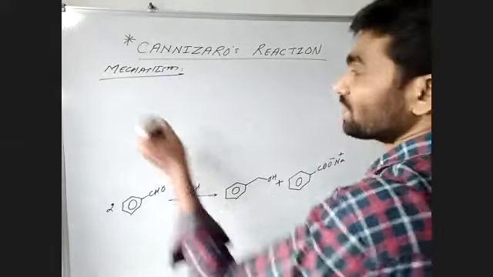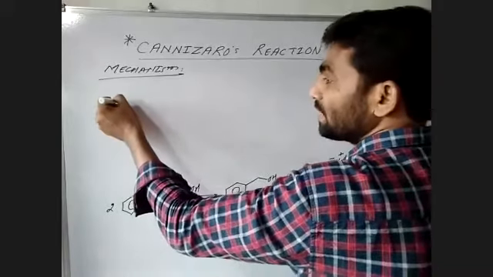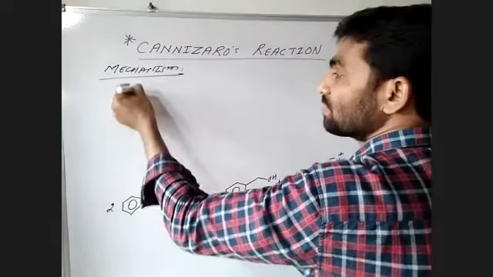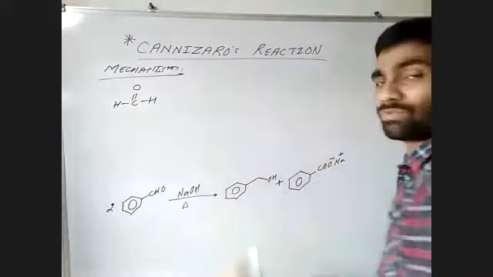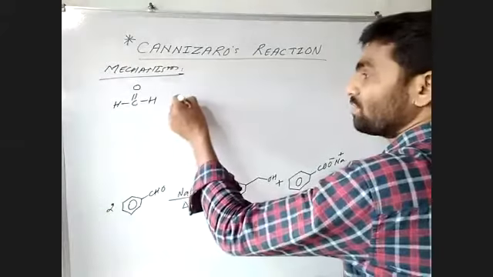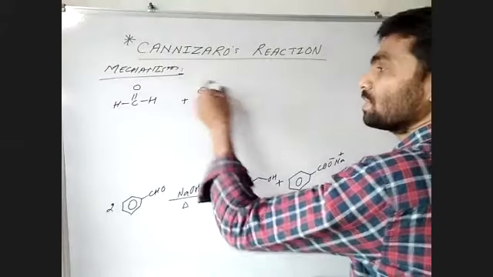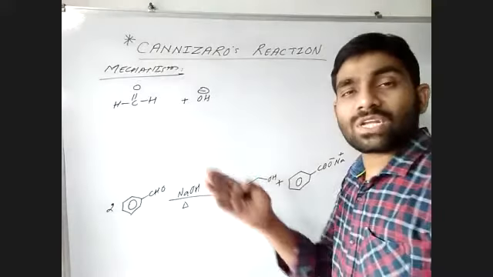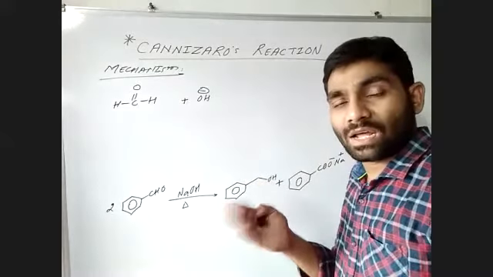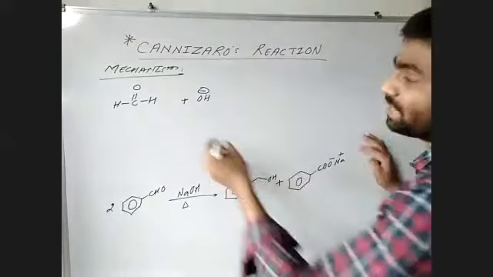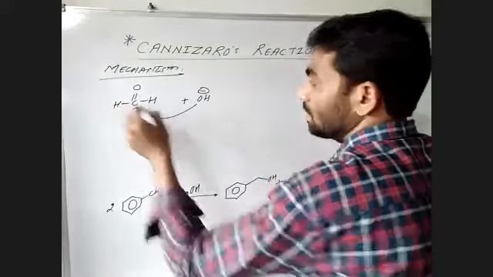Now let us go for the first mechanism. This is formaldehyde. See, there is no alpha hydrogen, so there is no question of alpha hydrogen abstraction. So base will attack at this carbon.